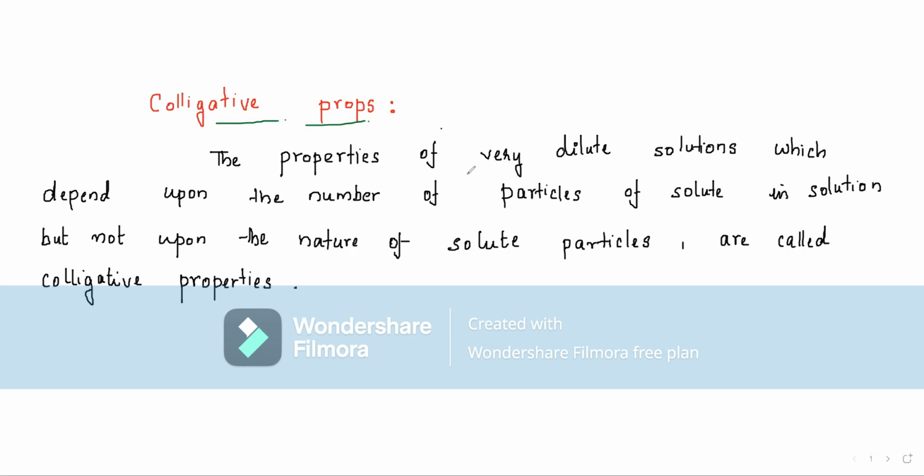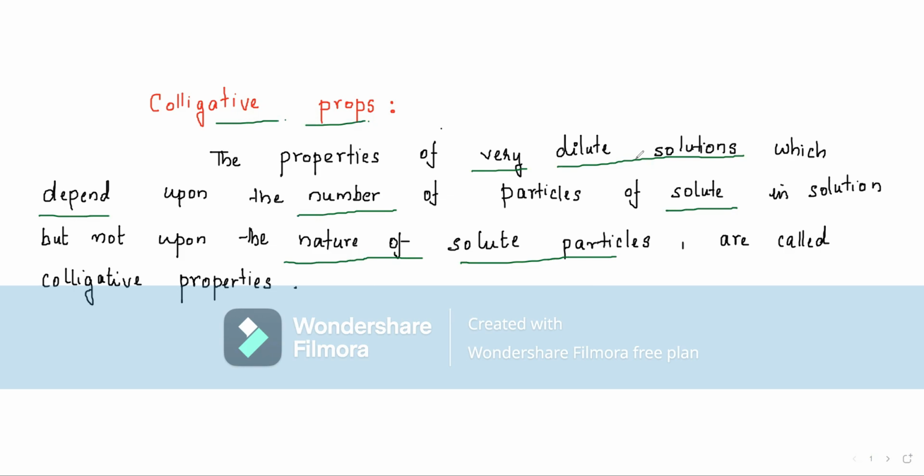These are the properties of dilute solutions, and these properties depend only on the number of solute particles but not on the nature of the solute particles. So this can be asked as a "give one word" kind of question.